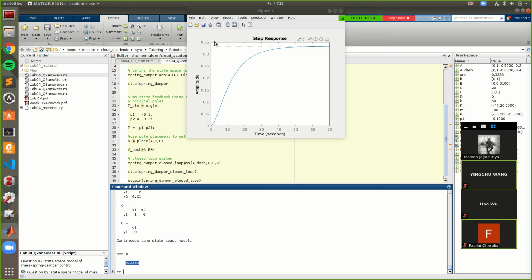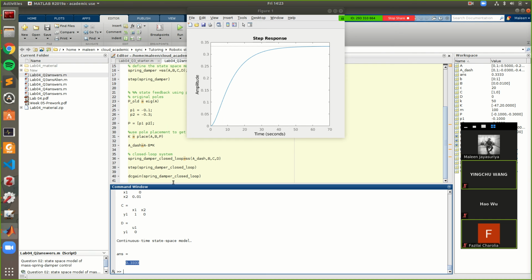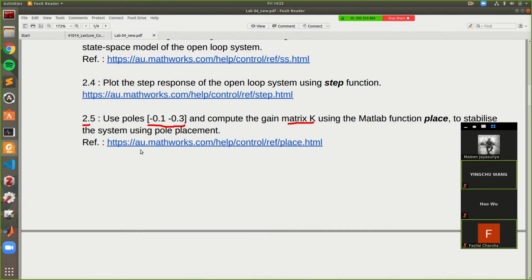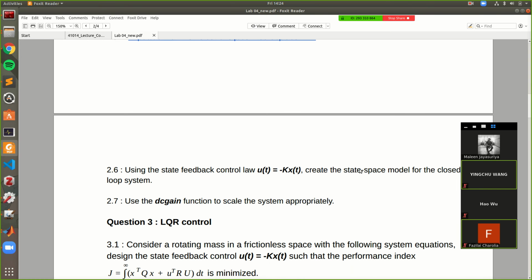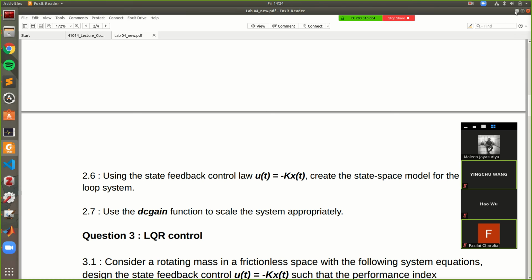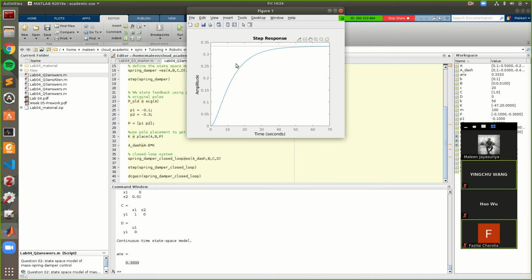So how will I do that? Think of it as just scaling the system, so that it now responds the way you actually want it to.